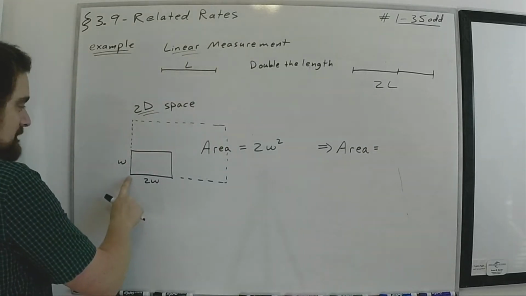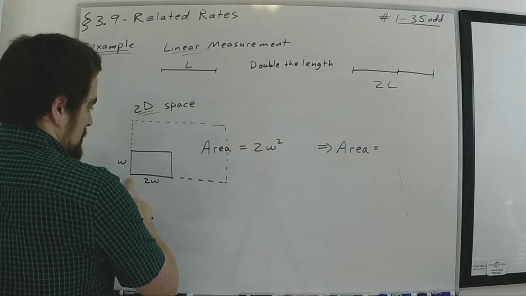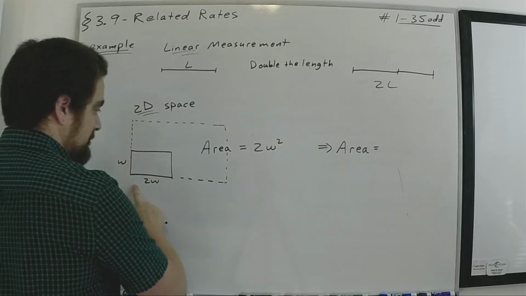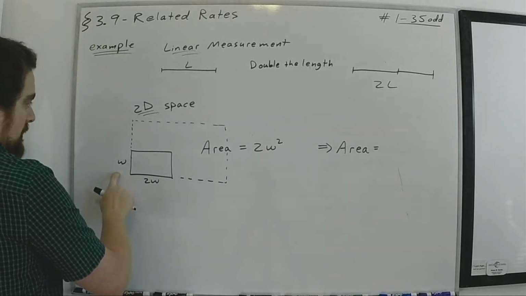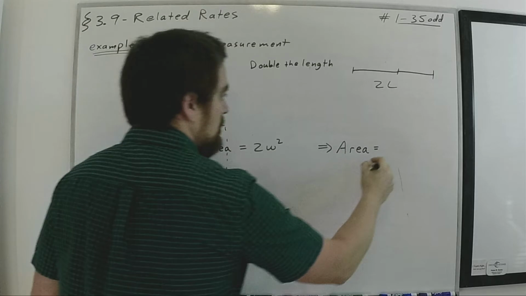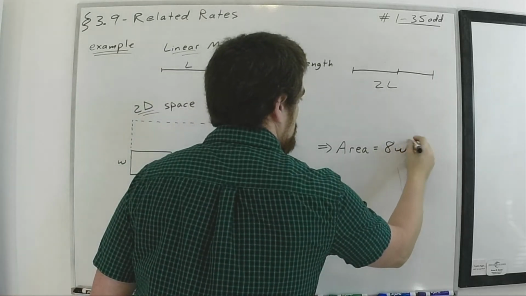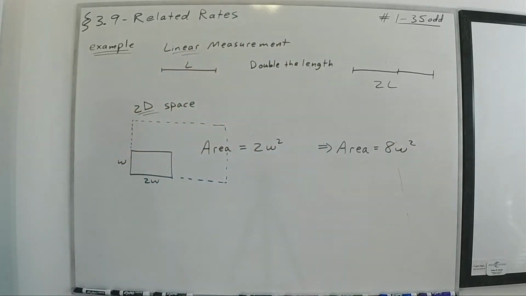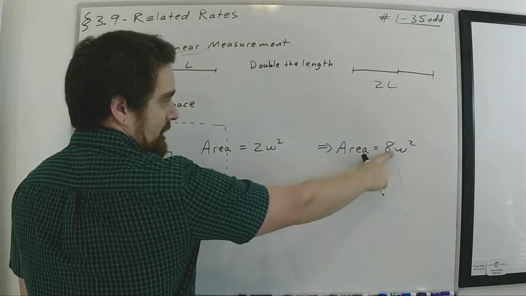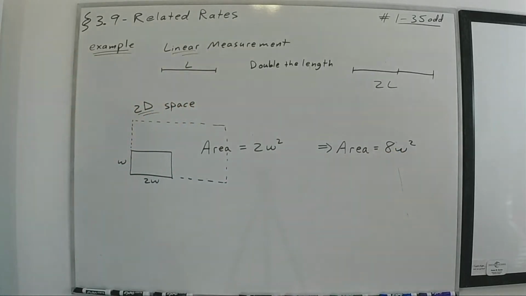Now my area is going to be the length times the width. Well, my length is going to be 4W, and my width is going to be 2W. 4W times 2W is 8W squared. So you can see it made a bigger difference than just simply doubling my original area. I'm missing something else, right?